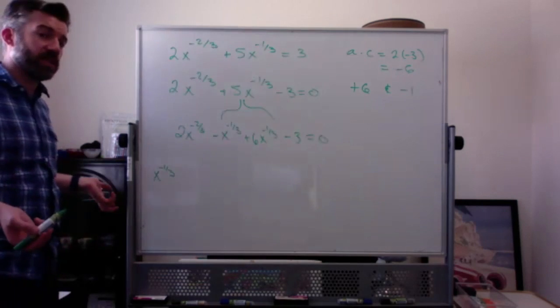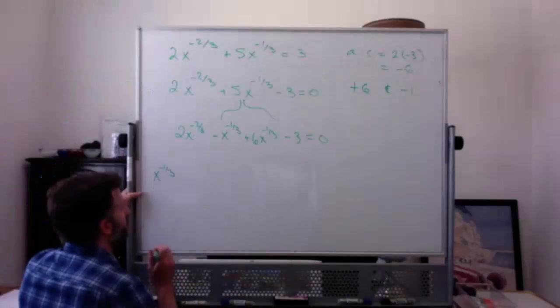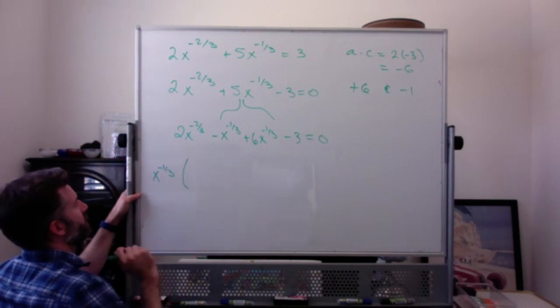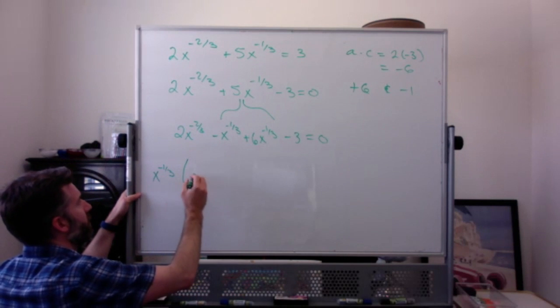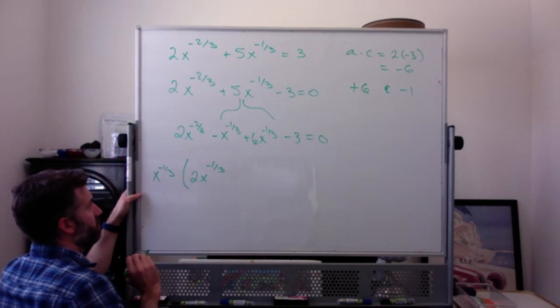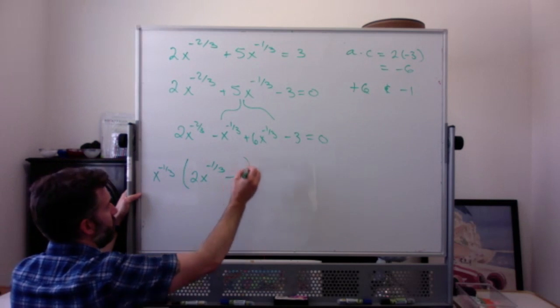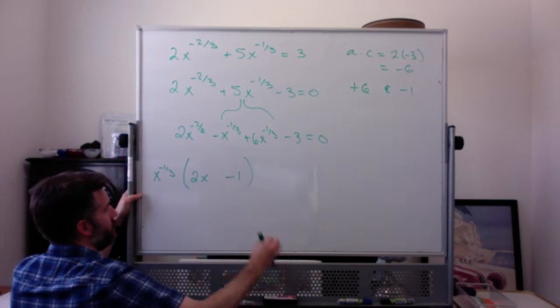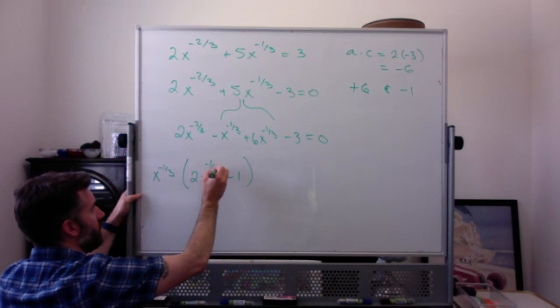With negative numbers, things are a little weirder. I think we're fine, but I'm always worried we're not. So when I factor out an x to the negative 1/3, I'm left with a 2x to the negative 1/3 minus 1. This feels weird to me, so I'm going to do some checking real quick.